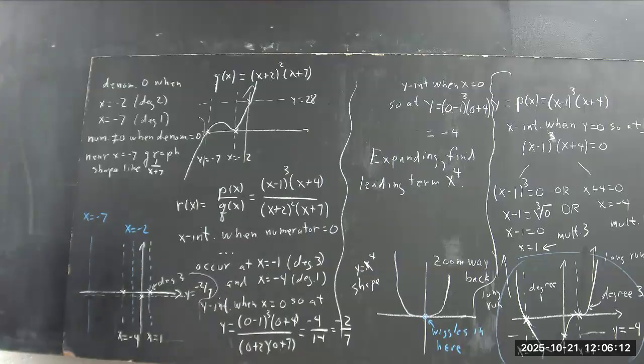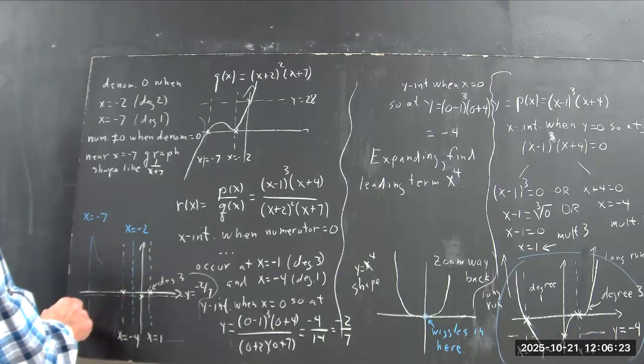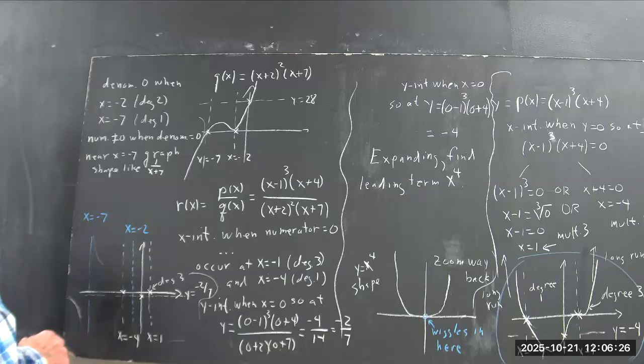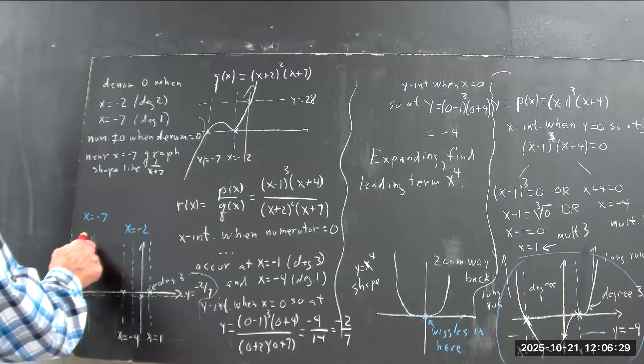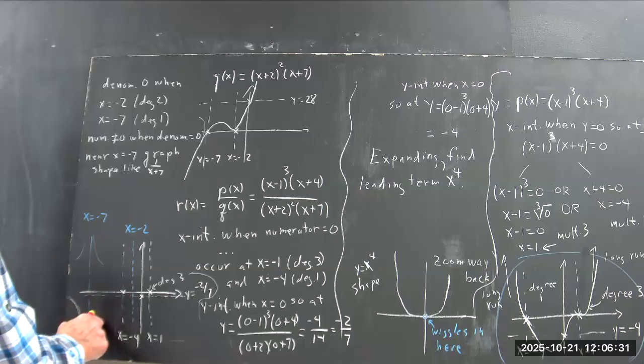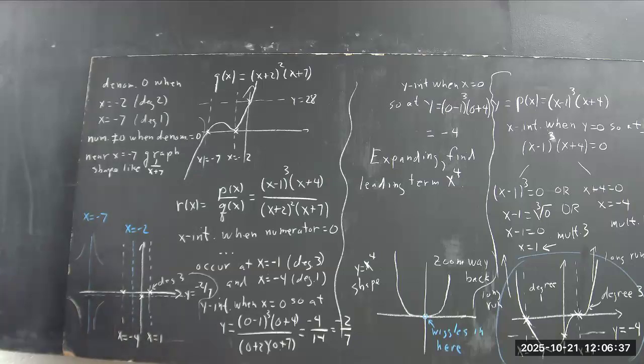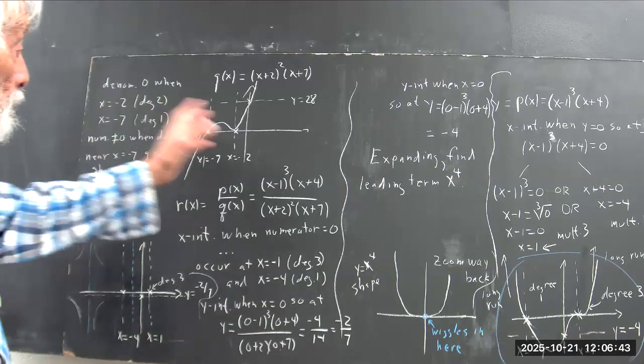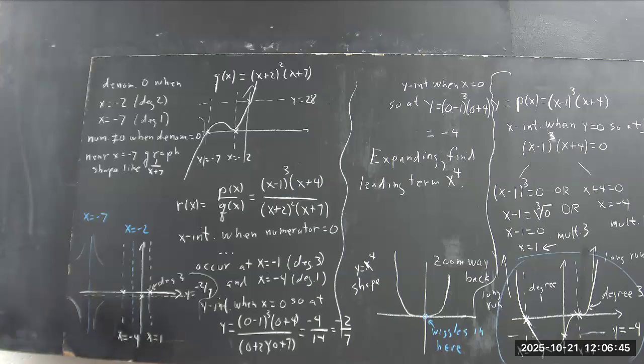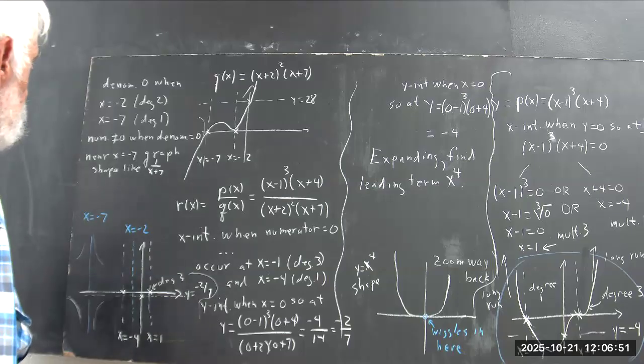So we know what that graph looks like. So the graph is going to look something like that here. We don't know whether it's going to be like this. That's one possibility. But there's another possibility. It might be like this. It'll be this or this. We don't know yet. We could test that. It depends on whether the rest of the function is positive or negative near negative 7. Not going to worry too much about that. We'll figure it out in a little different way.